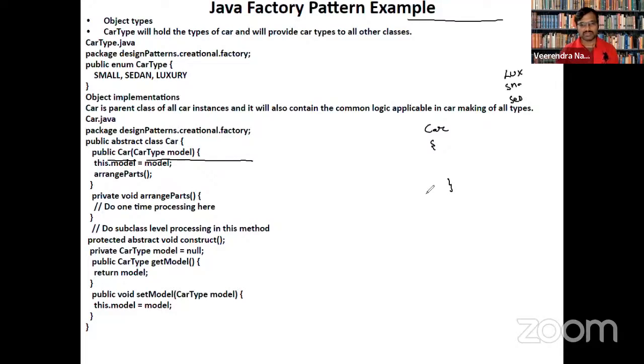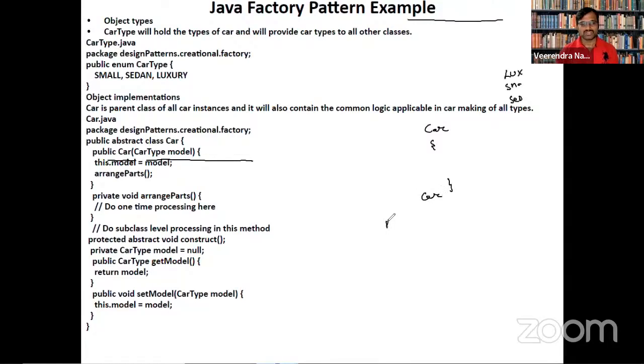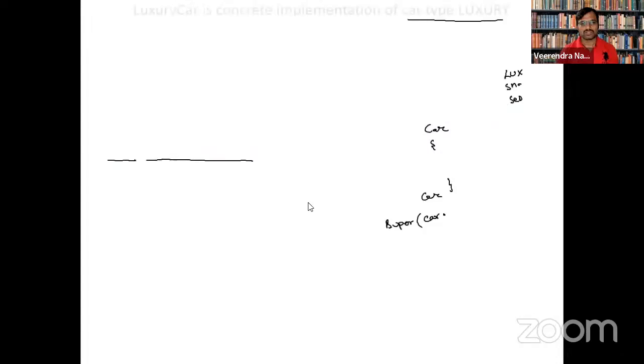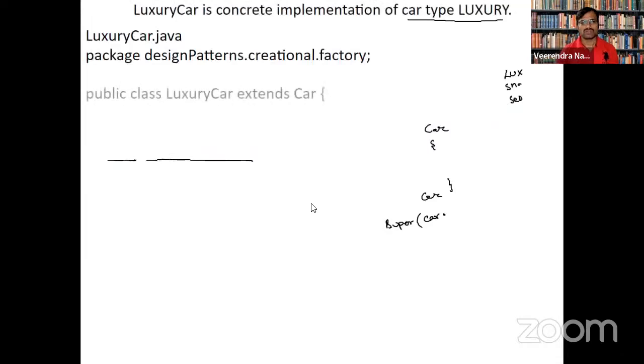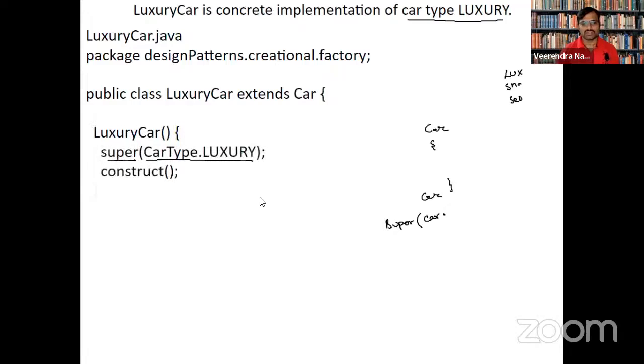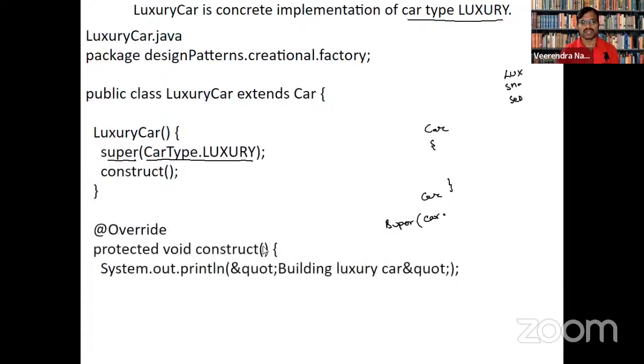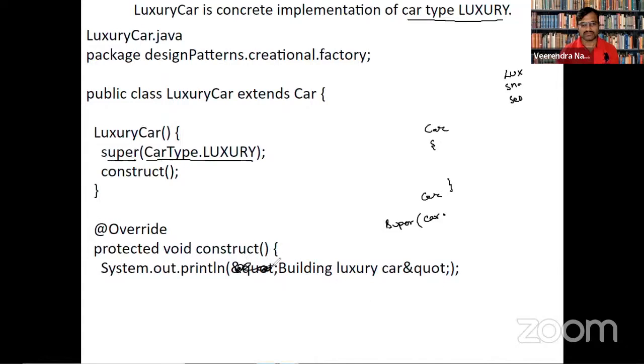Car is implementing car, and super car dot the model of the car. So here you observe super car type luxury, and then you are saying construct. After that you are going to override the construct method. Basically these are the codes.